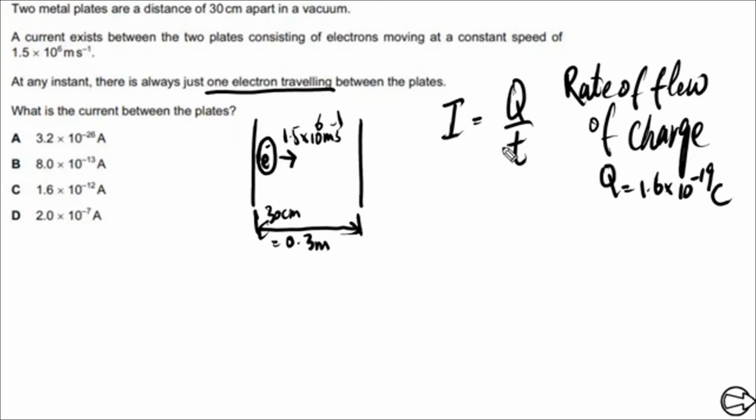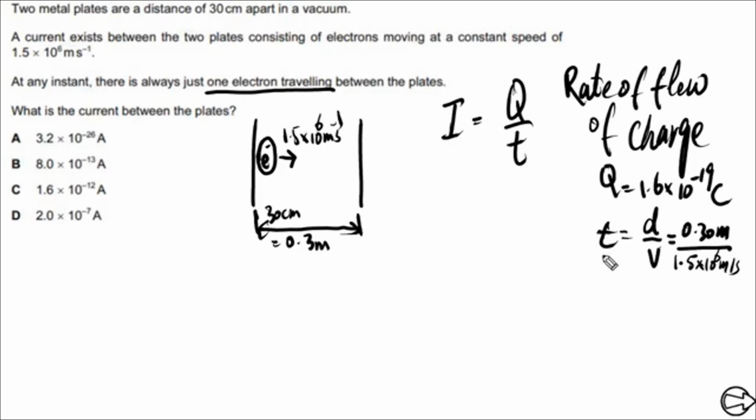Now, the next thing is that we need to find the time. As the distance and the speed of the electron are given, we can simply calculate the time. The time will be equal to distance divided by speed. The distance in this case is 0.30 meters and the speed of the electron is 1.5 times 10 to the 6 meters per second.